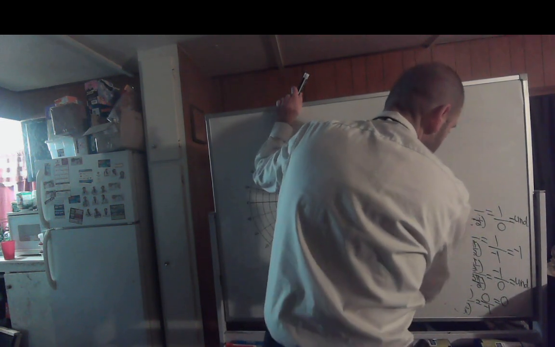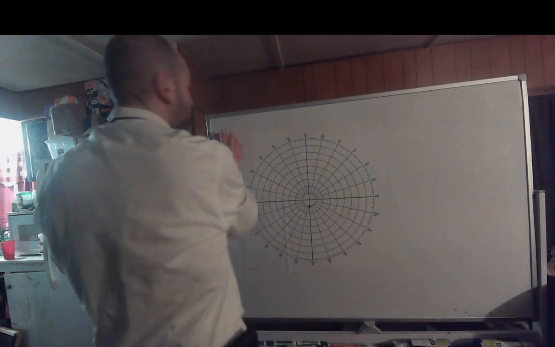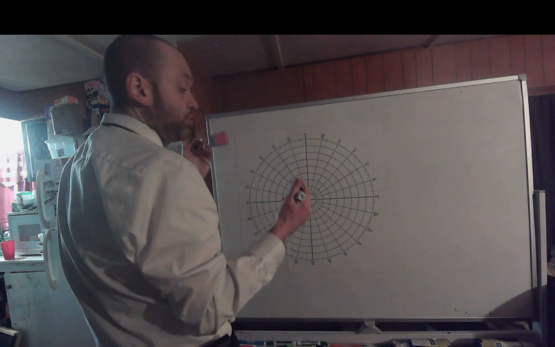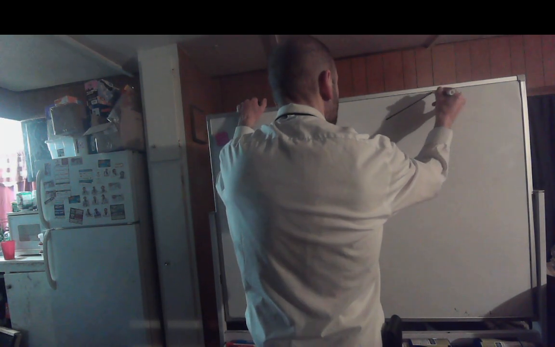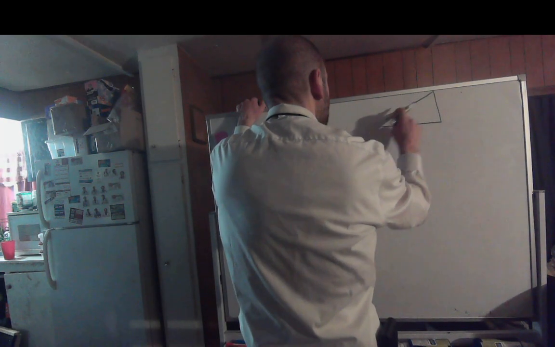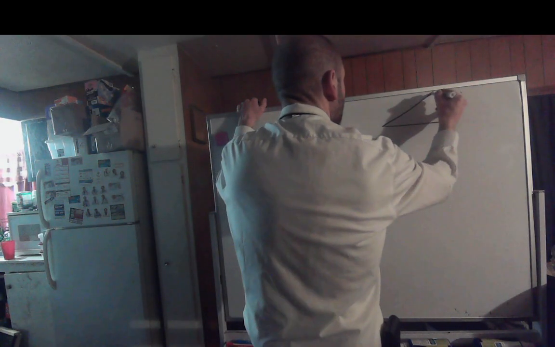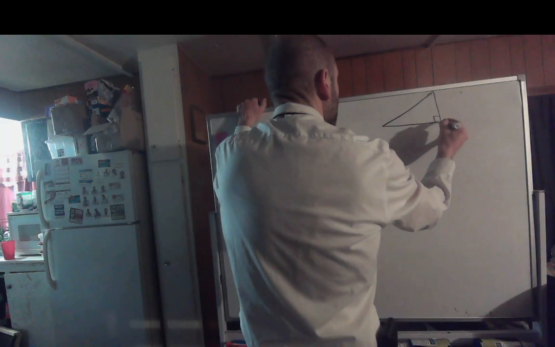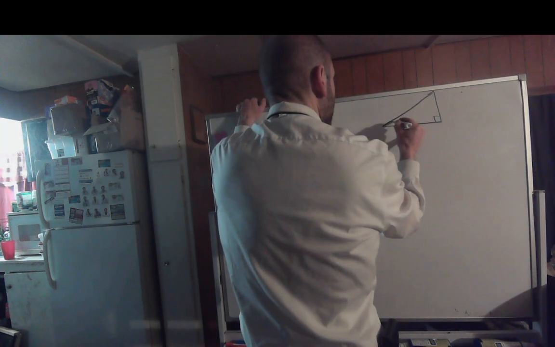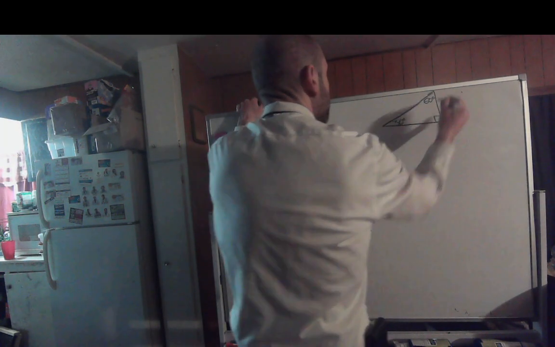Here's what we're going to do. We're going to draw a couple of triangles that are going to help us. We're going to draw a 30, 60, 90 right triangle.